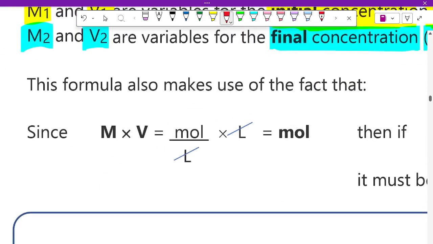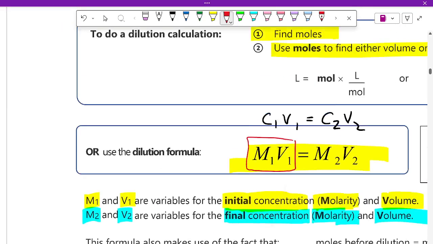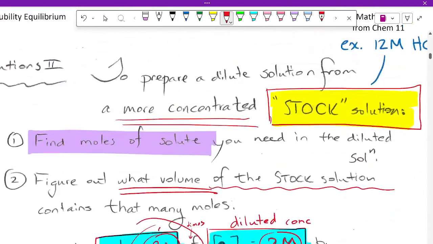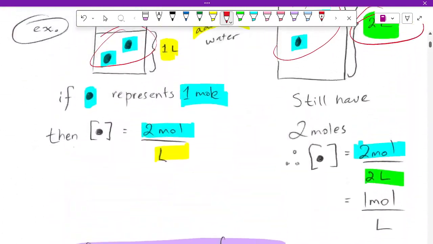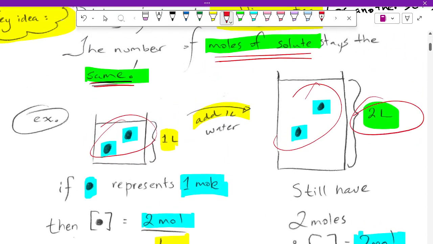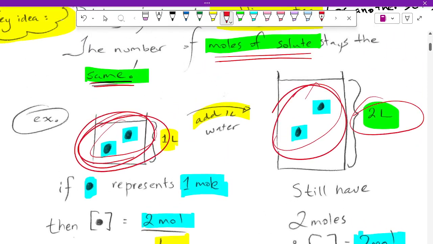Now, if you're interested in why this formula works, we are multiplying on the left-hand side M times V, molarity times volume. Molarity is moles per liter times liters, and you get moles. Yeah? MV gives moles. So MV is moles. When we dilute something, what happens to the number of moles? It stays the same.